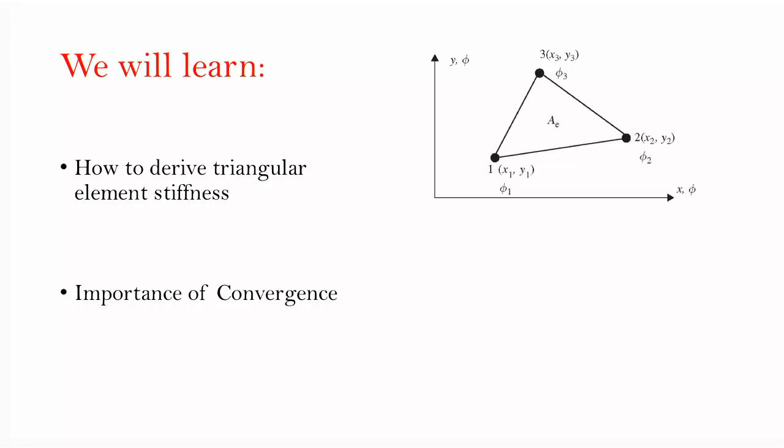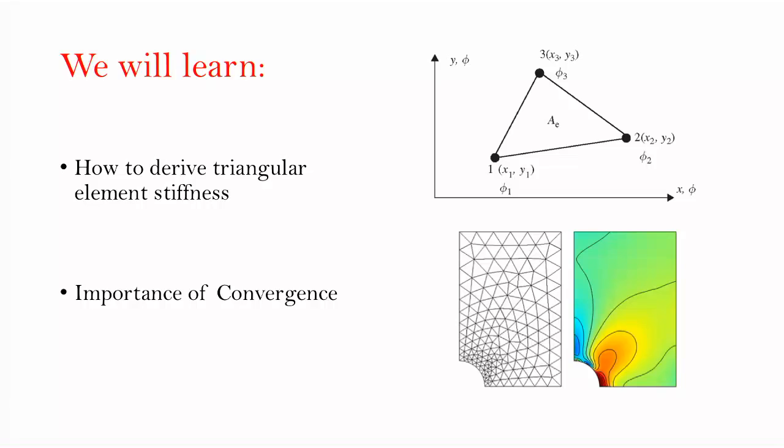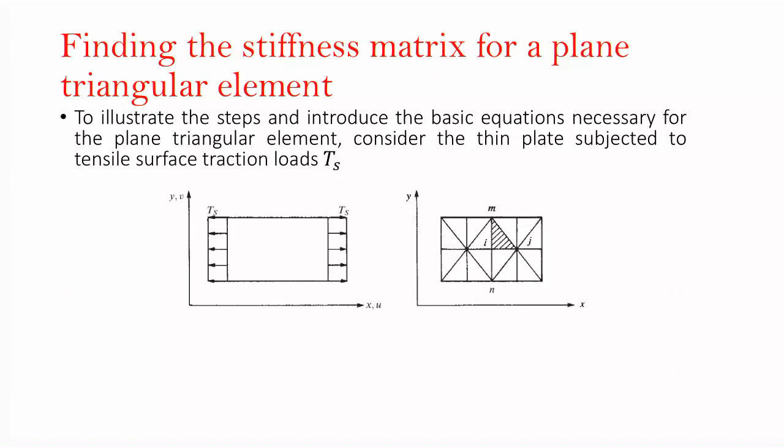And in the second half of the lecture, we talk about the importance of convergence. So imagine that we have a thin plate which is subjected to tensile forces at the two ends of the plate, which tells us that this situation is plane stress.